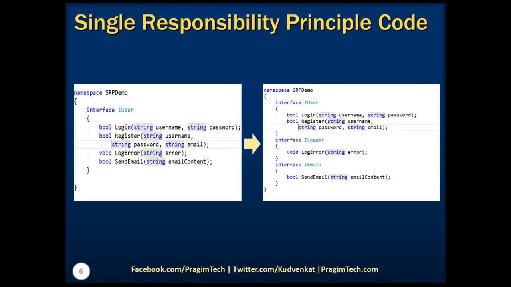But if you take a closer look at the same example from the perspective of interface segregation, we have also separated one big interface which handled login, registration, email, and error logging into multiple interfaces, adapting to the Interface Segregation Principle.